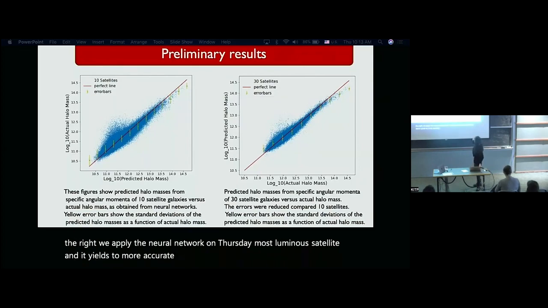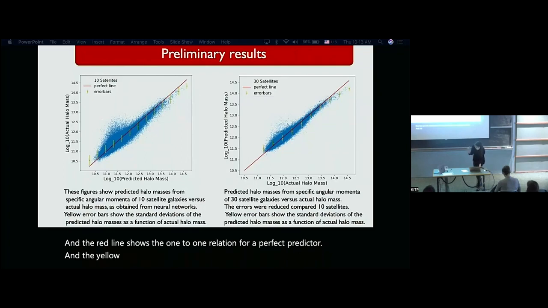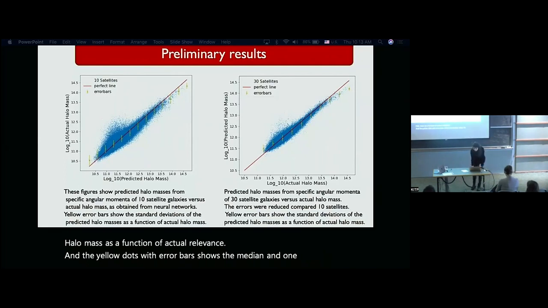As we can see, we have much fewer outliers. The red line shows the one-to-one relation for a perfect predictor, and the yellow dots with error bars show the median and 1 sigma range of the predicted halo mass as a function of actual halo mass.